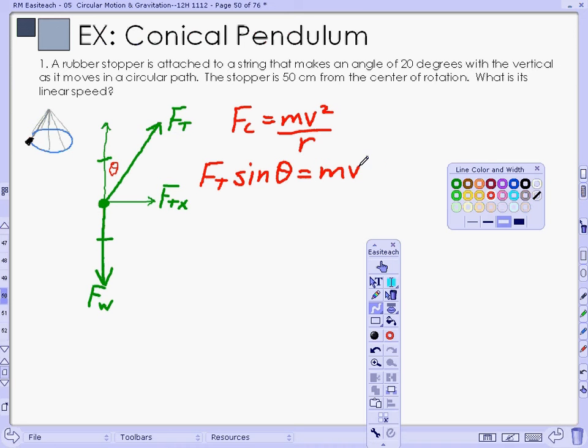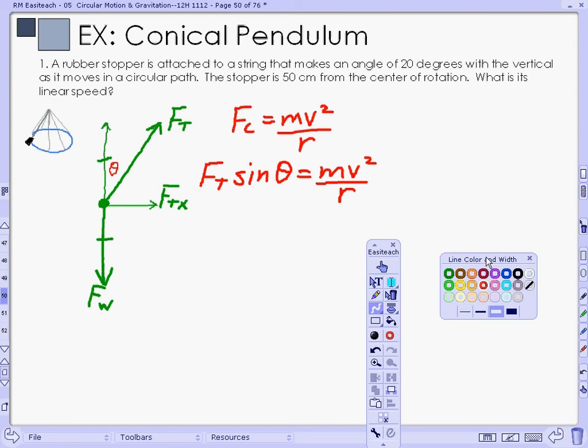But I don't have enough information to proceed from there, so I need to write down another equation that has F_T in it. What you can see is that F_T cosine theta, which is this piece here, is equal to mg because it's equal to the weight.